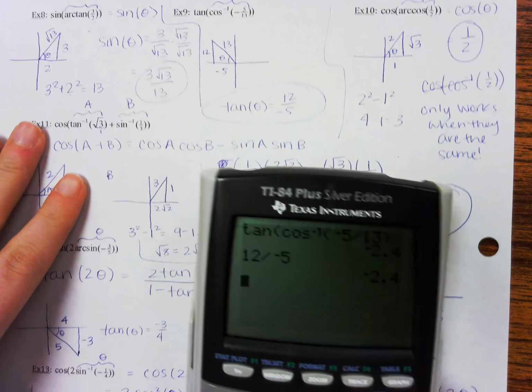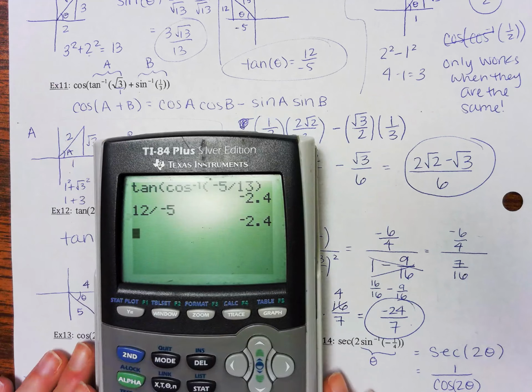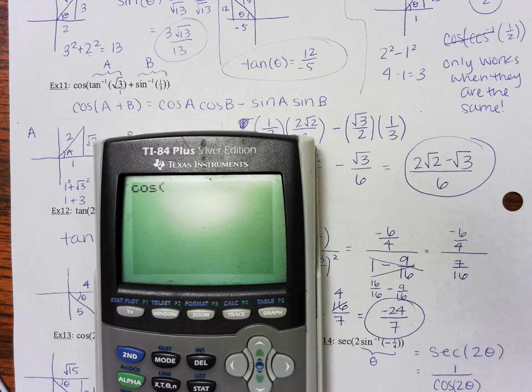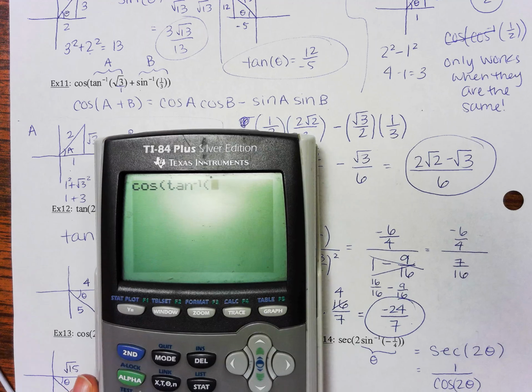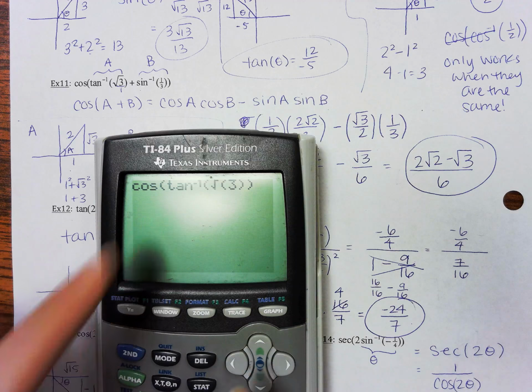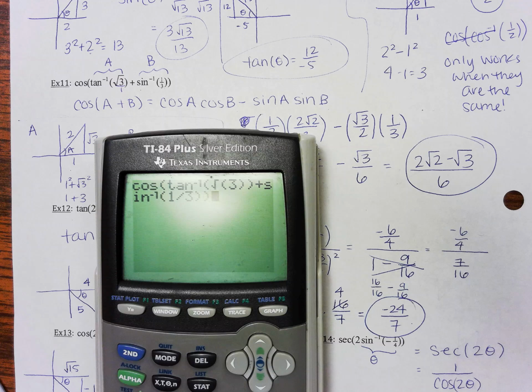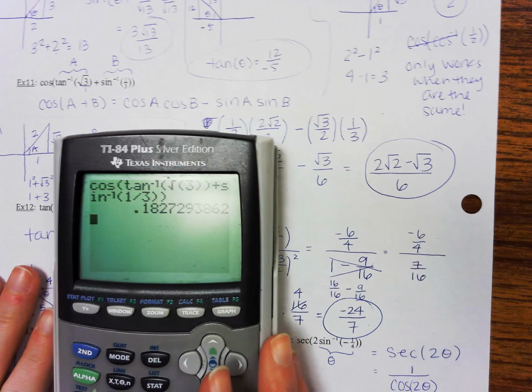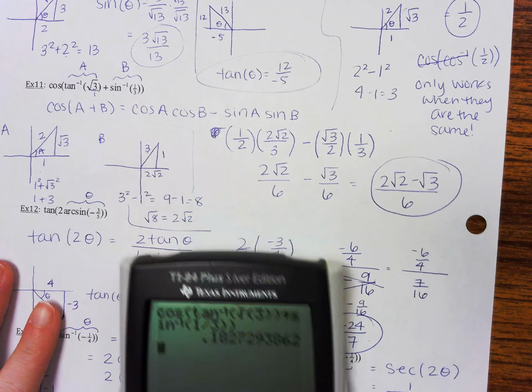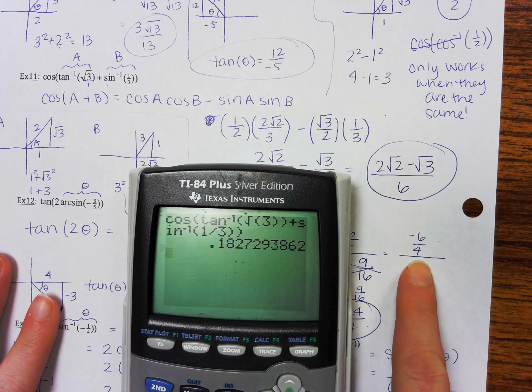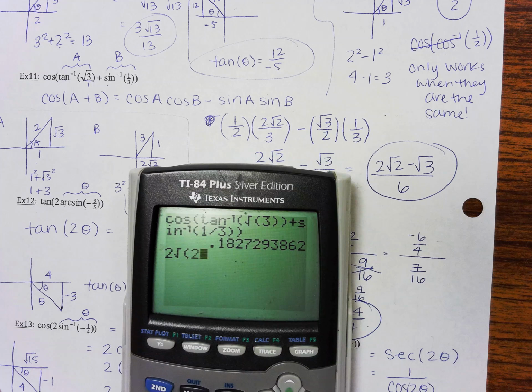So again, I could do the same thing, say, for example 11, the cosine of tangent inverse of root 3. The only thing here is that you have to watch your parentheses, so I'm doing a double parenthesis around that root, but not a triple one because I don't want to close out my cosine yet, plus sine inverse of 1 divided by 3. And I get 0.1827. So I can check my answer. I got this as my answer, 2 root 2 minus root 3.